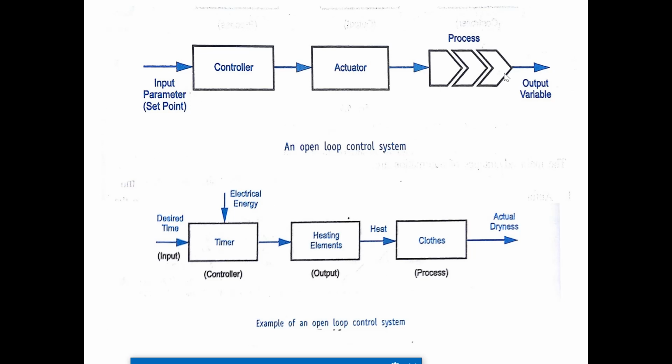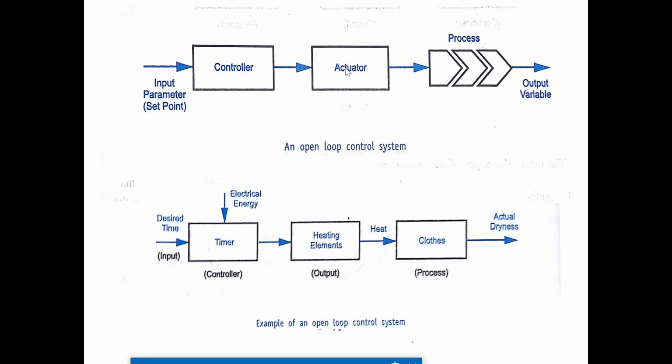For the different elements of an open loop control system we can see here, first we take the input parameter and send it to a controller. As we have already seen, this controller will read the input parameter that has been given, and then give it to the actuators. There are different types of actuators present in the machine, maybe electrical actuators, electronic actuators, and mechanical actuators.